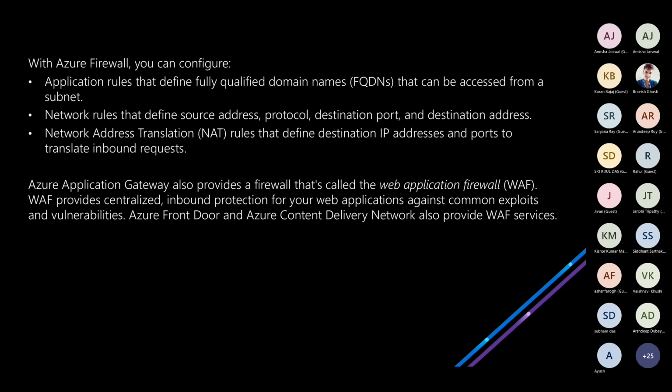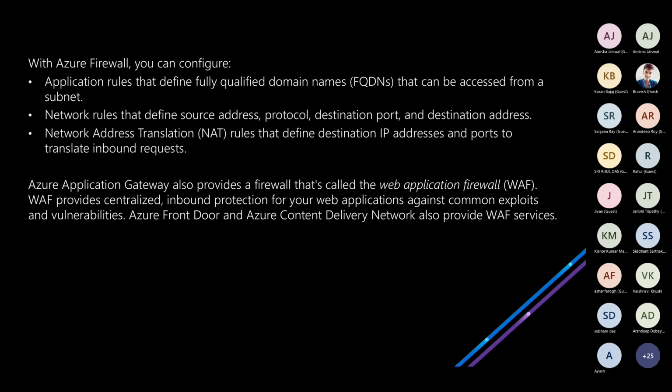With Azure Firewall, you can configure application rules that define fully qualified domain names that can be accessed from a subnet, network rules that define source address, protocol, destination port, and destination address, and network address translation rules that define destination IP addresses and ports to translate inbound requests.